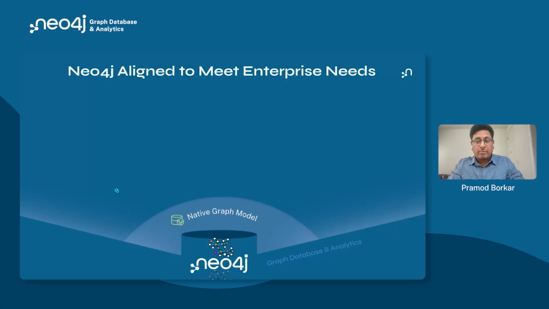So coming back to this, how are we aligning to these enterprise needs? Neo4j is a native graph database and analytics platform. Instead of rows and columns, as a foundation layer we have something called a property graph model. It's a native graph model that we've built.